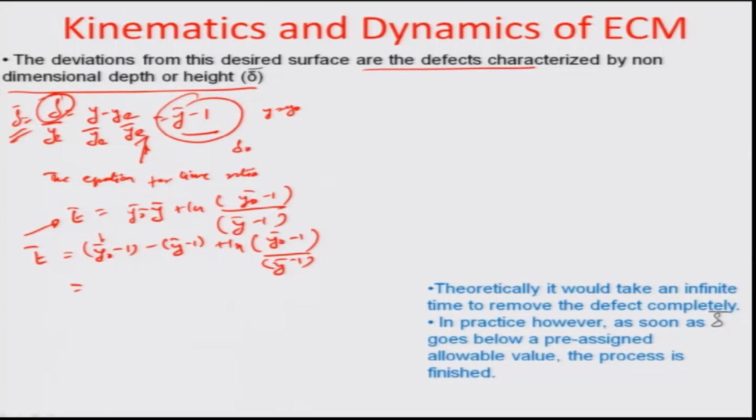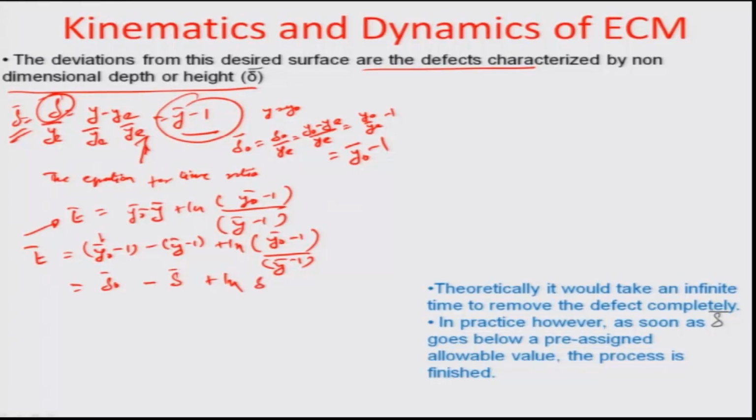So, we can assume delta 0 dash to be equal to delta 0 by ye, which is actually equal to y 0 at time point t equal to 0, minus ye, divided by ye. So, this could be y 0 by ye minus 1, in other words y 0 dash minus 1. So, y 0 dash minus 1 is obviously delta 0 dash, and similarly y dash minus 1 is delta dash.